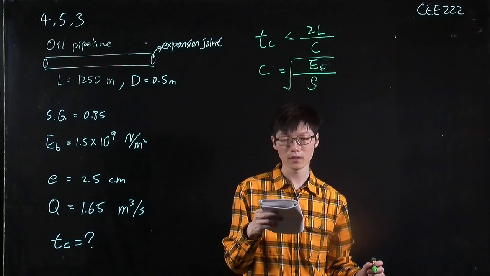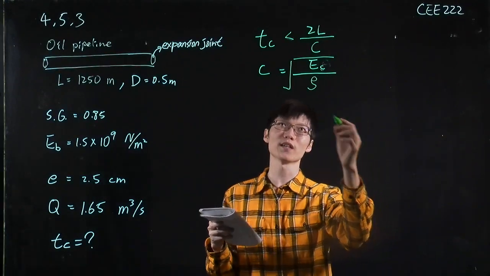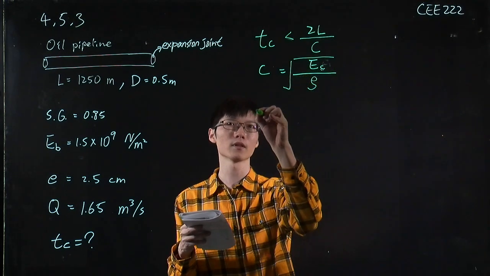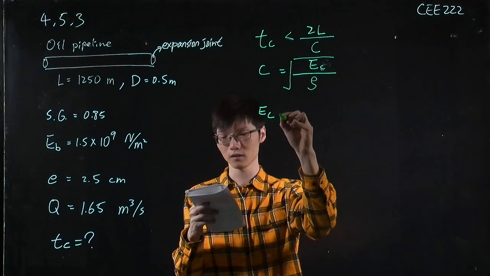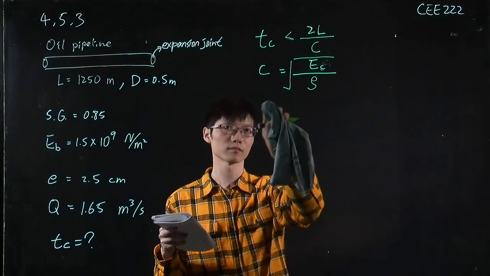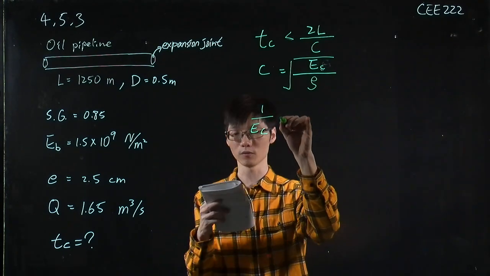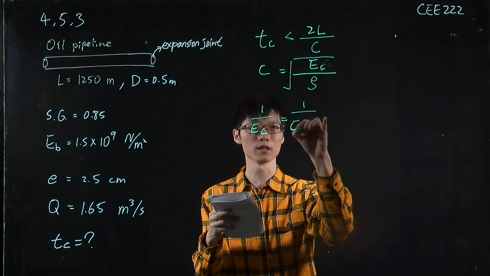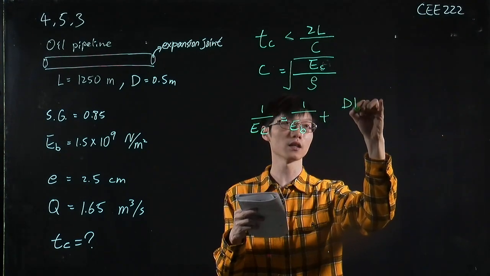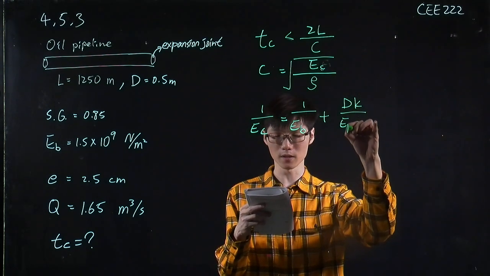Okay, so a third equation that we will use is this EC. 1 over EC will equal 1 over EB plus dk divided by EPE.